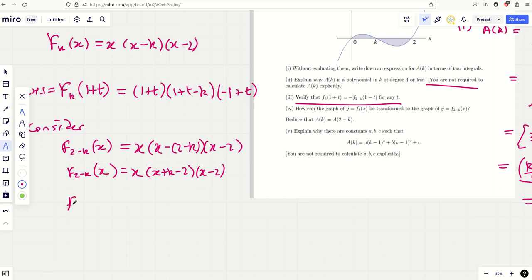So f of 2 minus k of 1 minus t. Well, we need to trade all x's for 1 minus t's. 1 minus t minus 2 is going to be minus 1 minus t plus k. And then 1 minus t minus 2 is going to be minus 1 minus t. Okay, that's that one bit done.